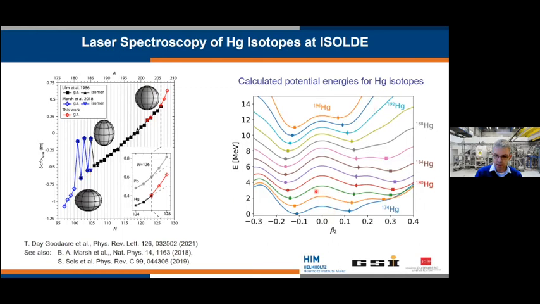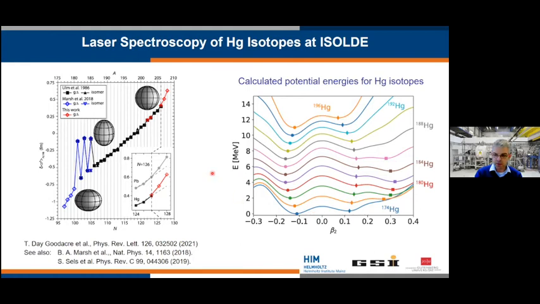This is one of many theoretical calculations for potential energies in the mercury isotopes. For more details, I refer you to the publications given here as a reference. You can see that there are different minima which are relatively close in energy between these different mercury isotopes. And even small changes, adding a few neutrons more or less, will change the structure quite drastically, or which of these minima becomes more pronounced.